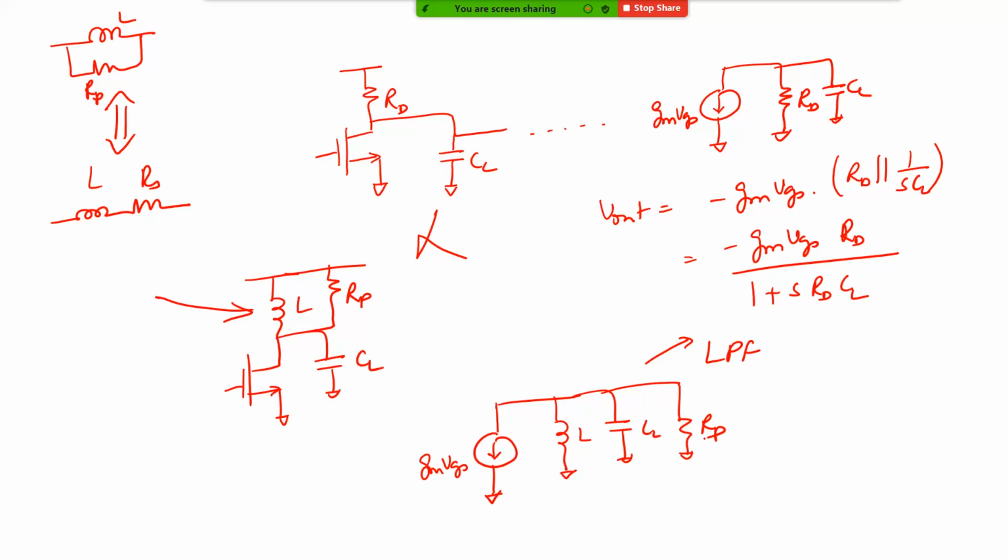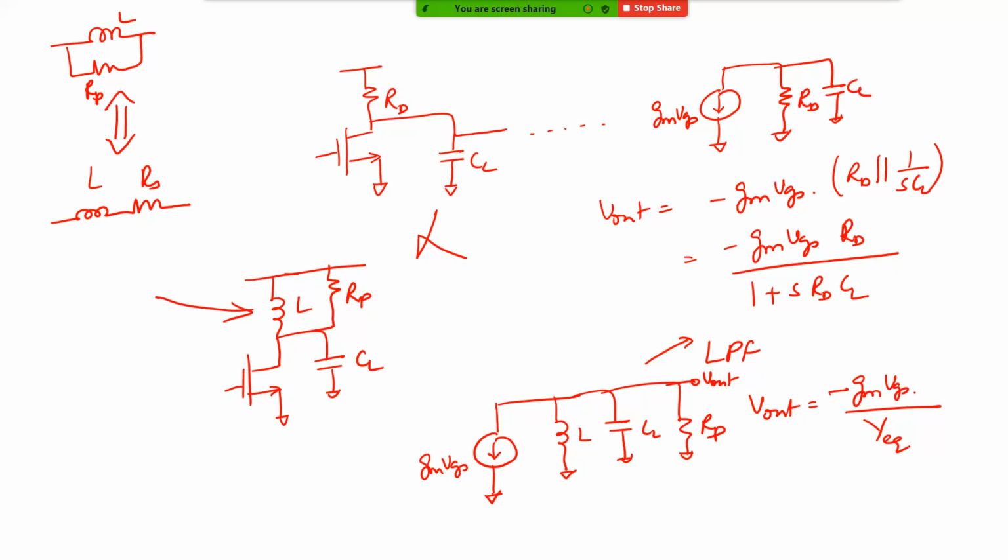So Vout, let's say Vout is here, can be written as minus gm times VGS divided by Yequivalent, where Yequivalent is nothing but the admittance of L, CL and Rp in parallel. So basically it's a simple parallel RLC network, and we know how an RLC network behaves.